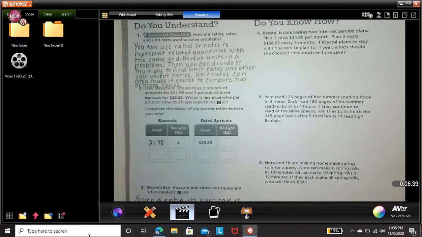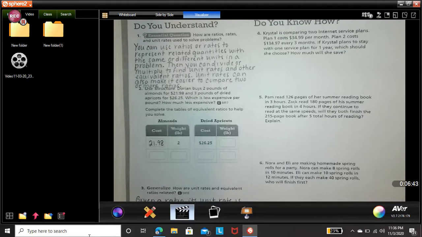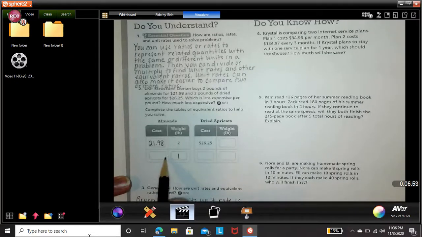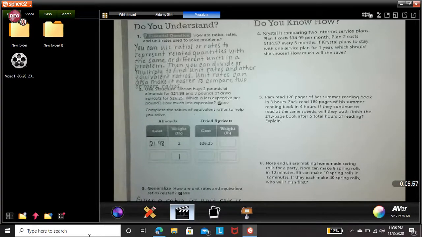Next, we have to understand that this problem wants us to convert to a unit rate. We don't want the cost of 2 pounds that's given. We want to solve for 1 pound. And we don't have a value in our word problem for the cost of just 1 pound of almonds.